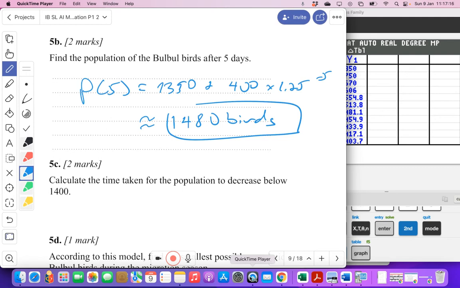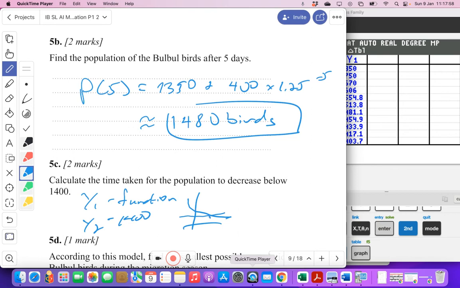So I like to solve this graphically. We're going to be studying a little bit of logarithms, but not really using it for solving exponential equations. So I'm going to put my function in y1, and then in y2, I'm going to put in 1400, and then basically I'm going to look at where the exponential decay goes below this 1400 line.